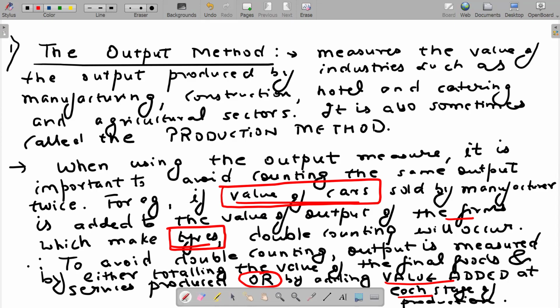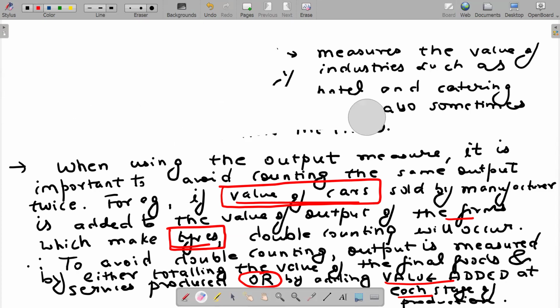Okay, so now let's understand what is meant by value added, and I'll explain this through an example. So now I'm erasing the initial paragraph off. I hope students are making notes along with me.